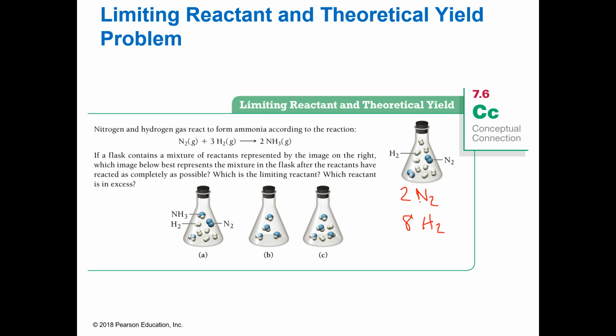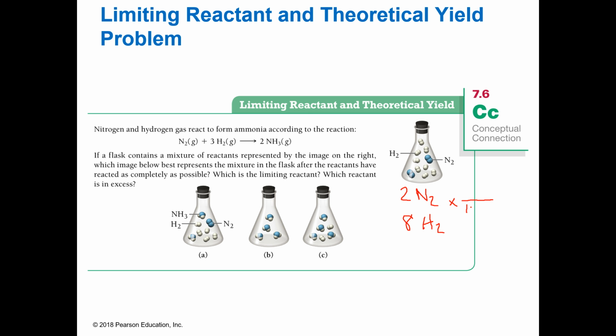Okay, well, let's look here. If I have 2 moles of nitrogen, how many moles of ammonia can I make? Well, I look at the ratio here, 1 mole of nitrogen to 2 moles of ammonia. So I'm actually just going to calculate that.